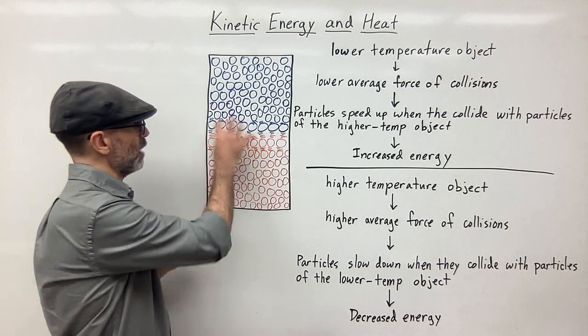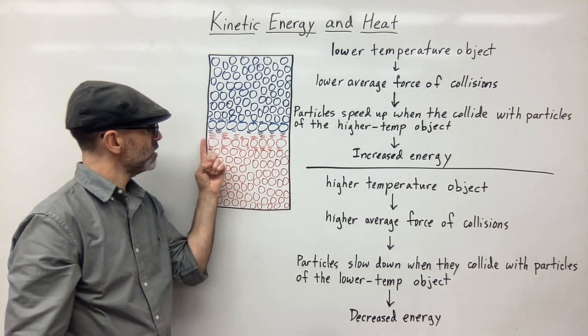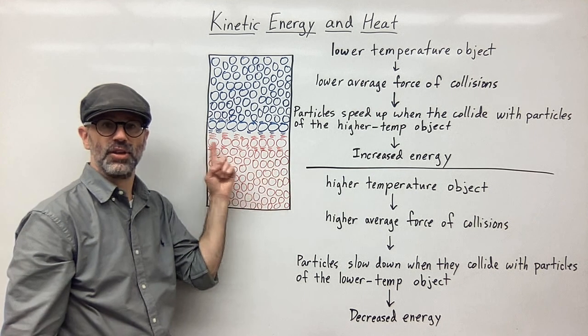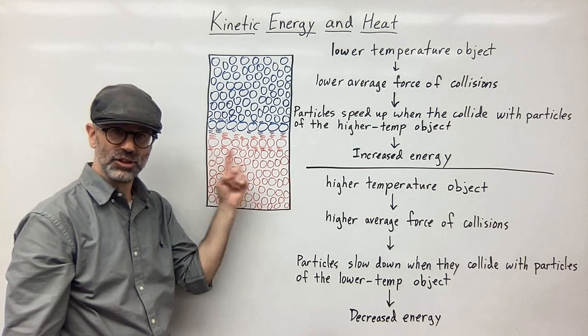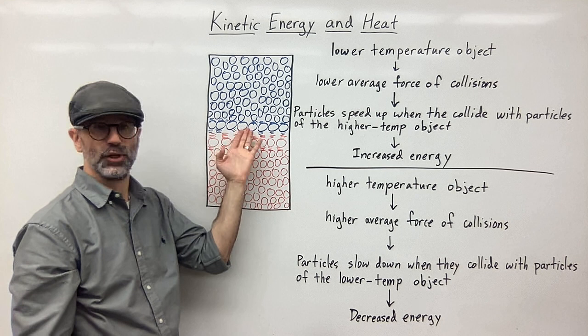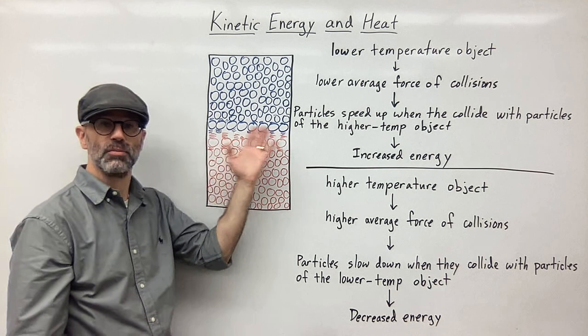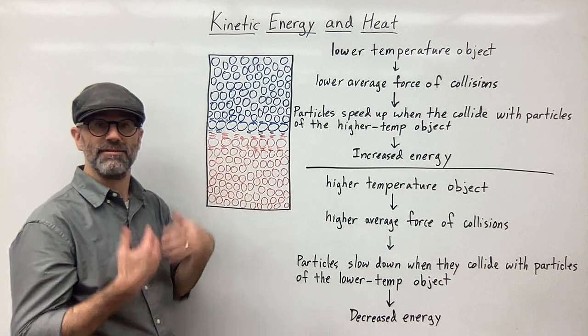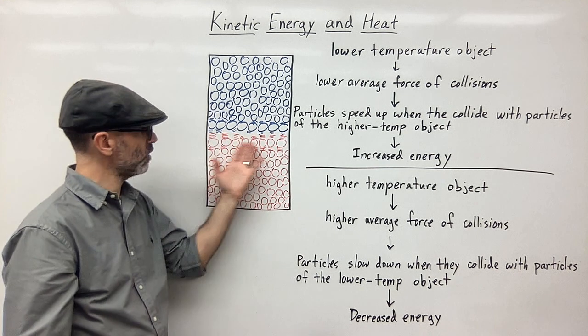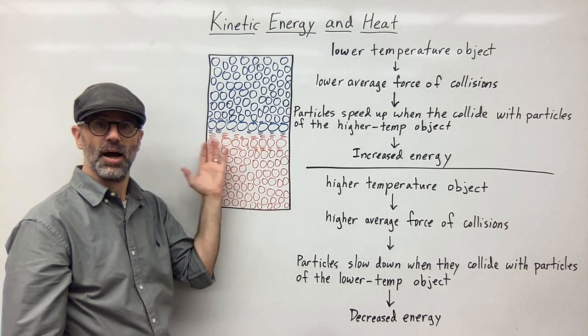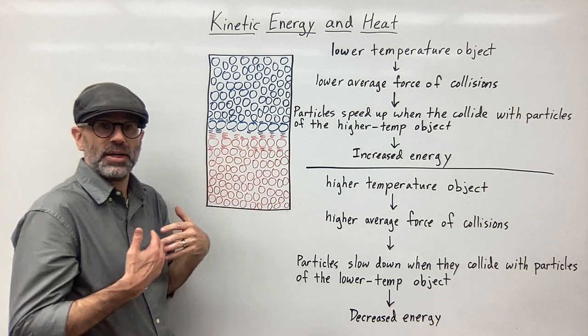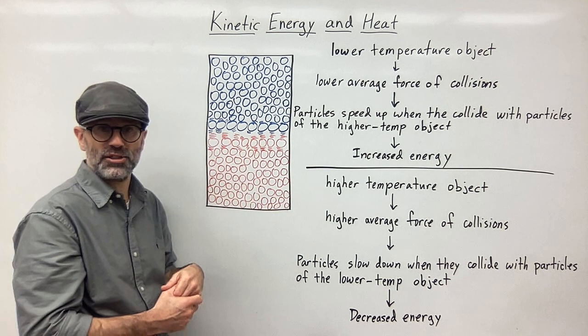So what happens is that when they collide, some of the energy of the hotter or faster moving particles is going to be transferred to the slower moving particles, thus causing the slower moving particles to vibrate faster. And therefore, the particles in the hotter object are going to move slower because they transferred some of their energy.